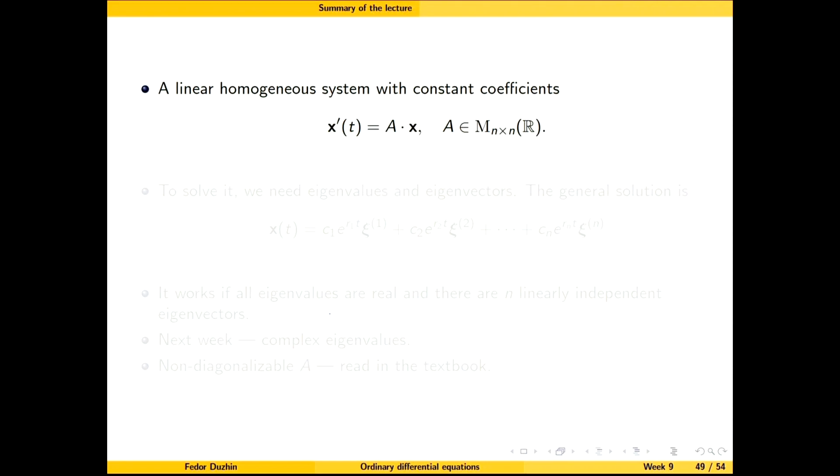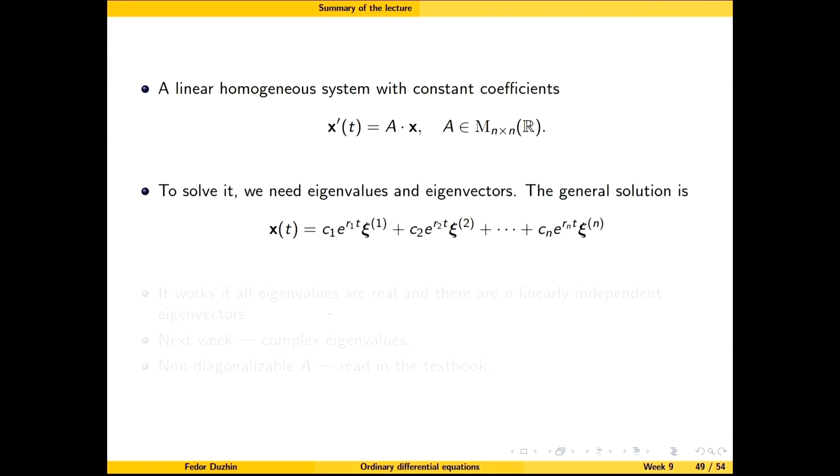Then we have seen linear homogeneous systems with constant coefficients. In order to solve a linear homogeneous system with constant coefficients, we take the matrix of the system and compute its eigenvalues and eigenvectors, and then we put them together to form the general solution of the system, right?